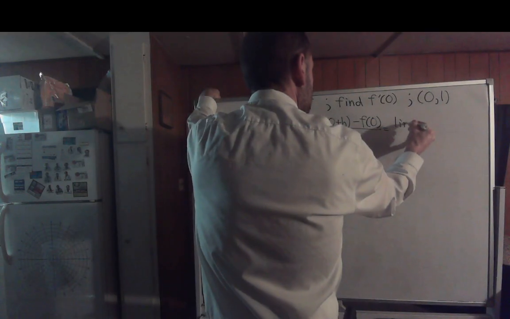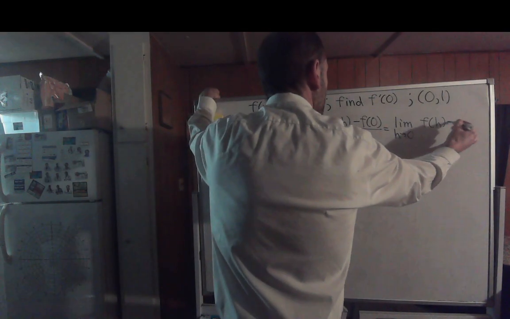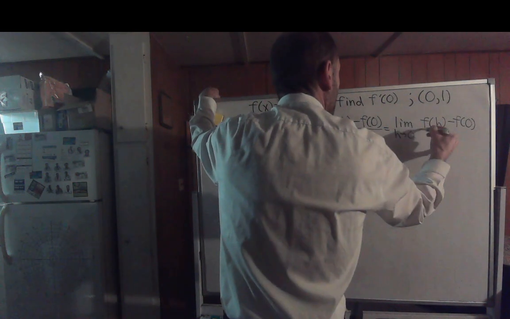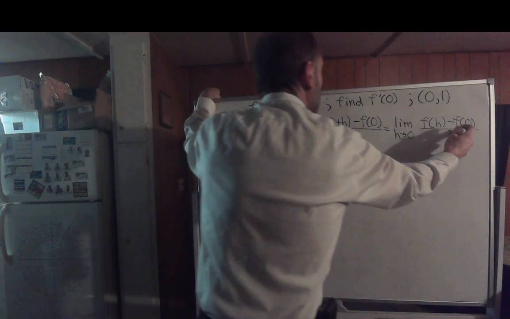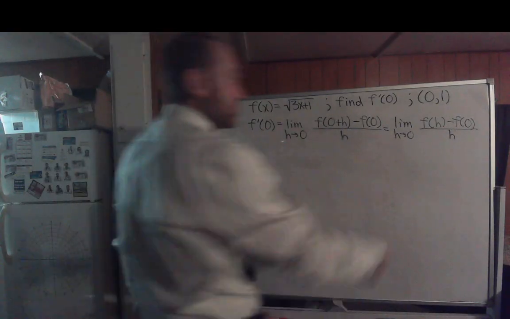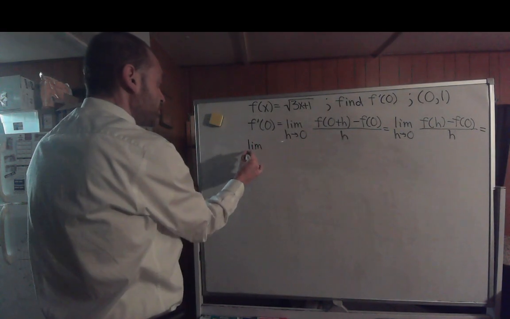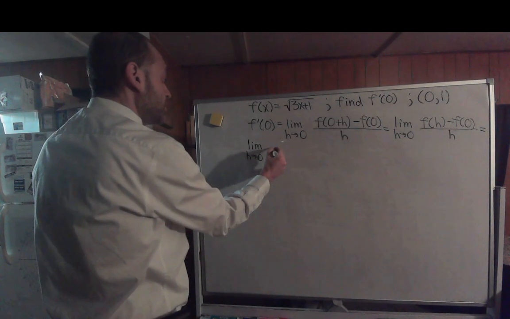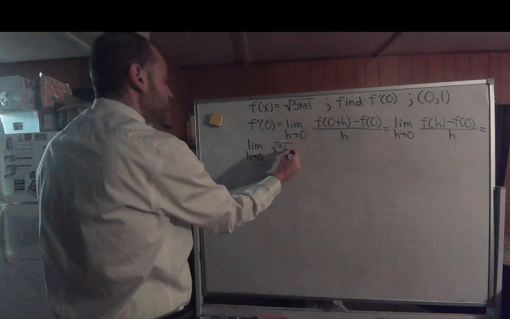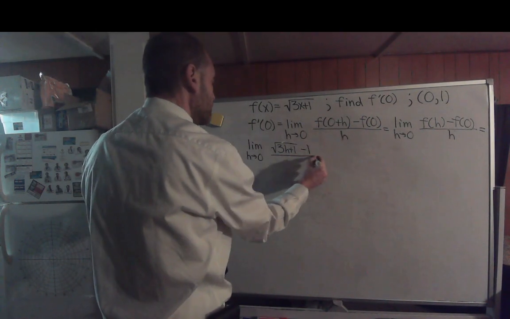So this would be the limit as h approaches 0 of f of h minus f of 0 all over h. Wherever you see x, put in h. So this will turn into the limit as h approaches 0 of the square root of 3h plus 1 minus f of 0, which is 1, all over h.